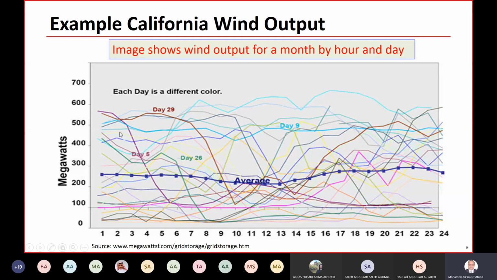He has to respond to this fast ramp down of wind. And also ramp up is another problematic issue. Either you increase or decrease, we have to take into consideration such issues in dispatch.